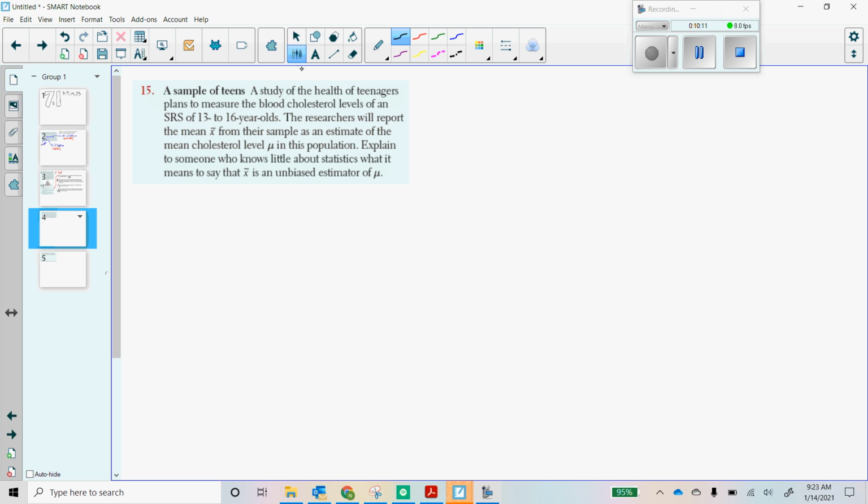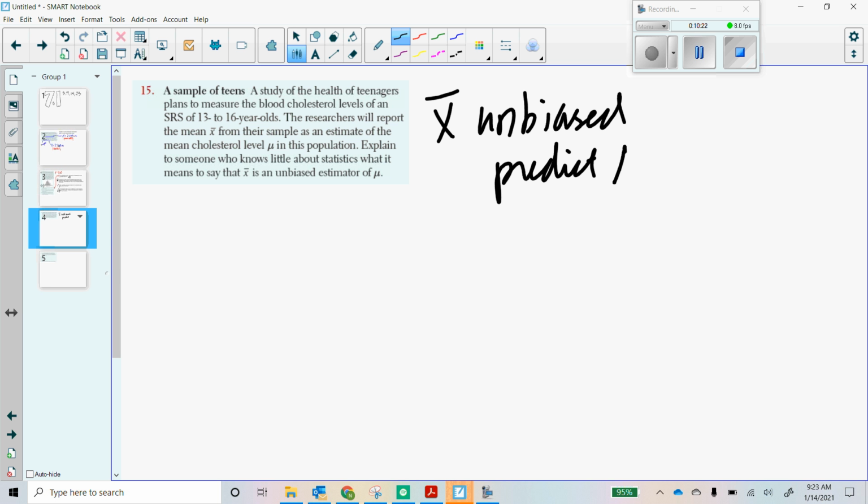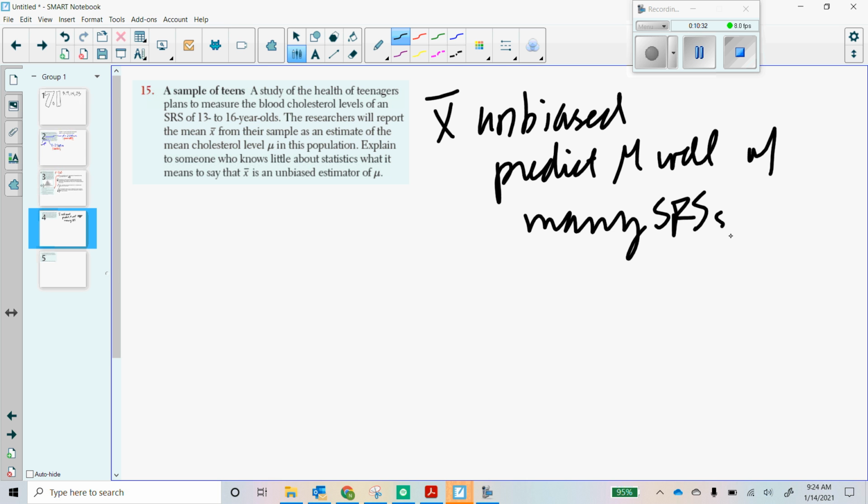Okay, so I'm going to talk about it first. If X bar is unbiased, that means that it should predict mu well when you have many simple random samples. So X bar is unbiased because you're able to use it to predict mu well when you have many simple random samples.